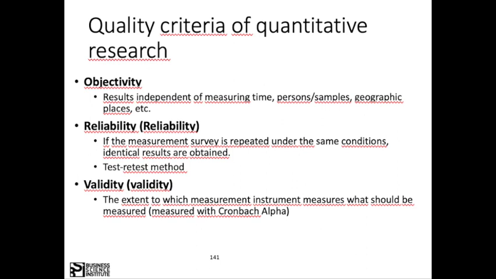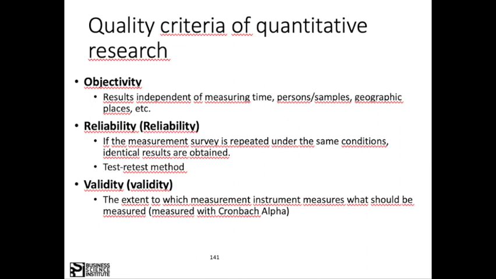The second criterion is reliability, which shows that if the measurement survey is repeated under the same conditions, it would bring identical results in remeasurement. That is why researchers often use a retest method in order to replicate the results. And the third criterion is validity, the extent to which the measurement instrument measures what should be measured.